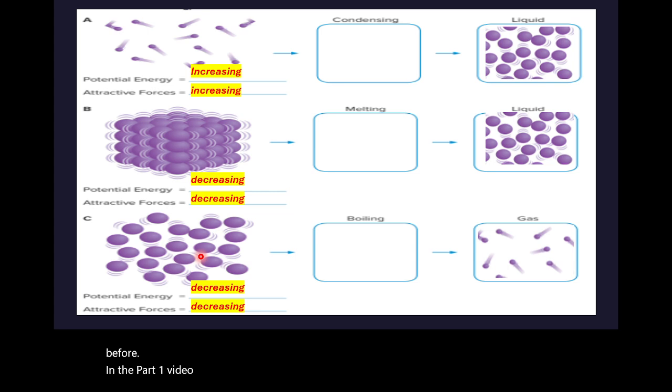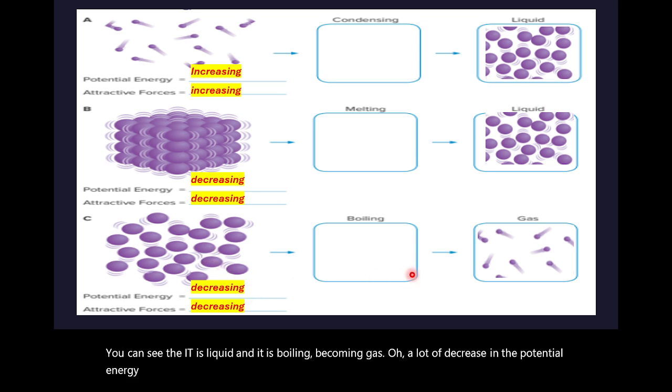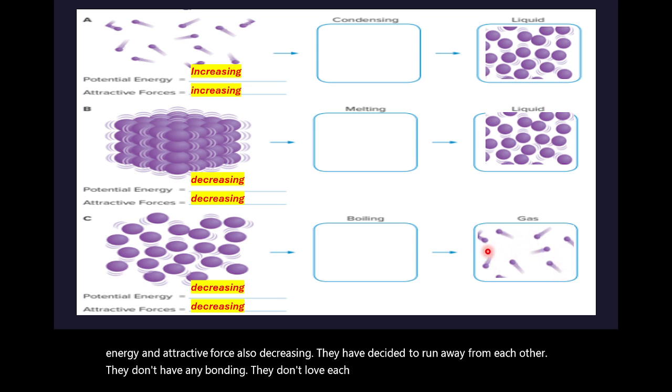Now here in the C question, you can see it is liquid and it is boiling, becoming gas. A lot of decrease in the potential energy, and attractive force also decreasing. They have decided to run away from each other, they don't have any bonding, they don't love each other. So they are going away.